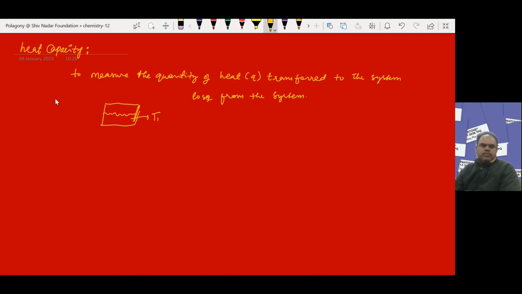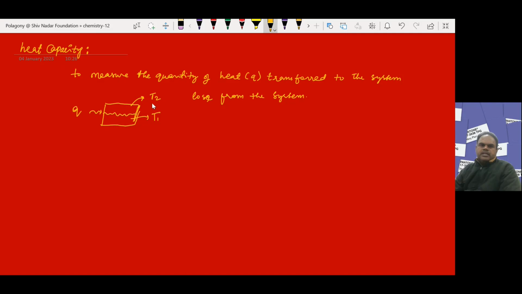When a small amount of external heat is transferred into the system, there is a temperature change to T2. There would be a temperature change from initial to final.